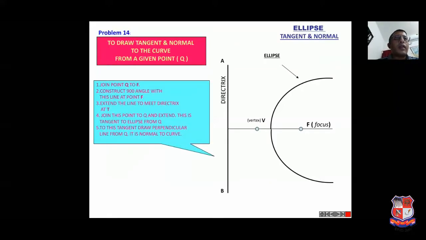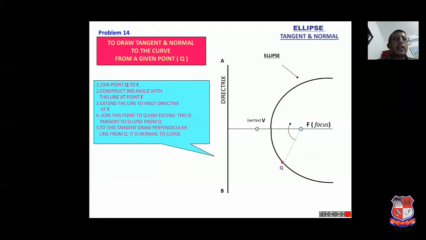So let us start with the first step: first of all, we consider one point Q on this curve, which is known as ellipse. Now we join this point Q to F, which is our focus.